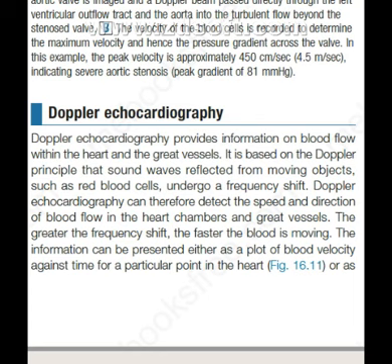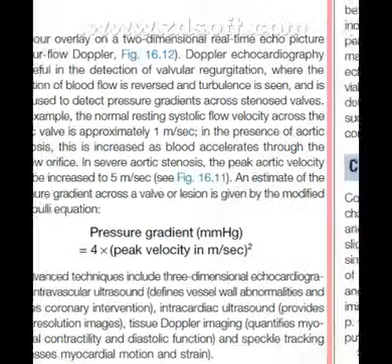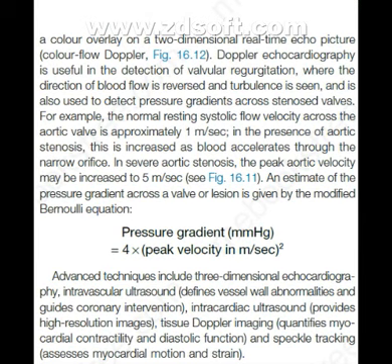Doppler echocardiography can therefore detect the speed and direction of blood flow in the heart chambers and great vessels. The greater the frequency shift, the faster the blood is moving. The information can be presented either as a plot of blood velocity against time for a particular point in the heart or as color overlay on a two-dimensional real-time echo picture, color flow Doppler.